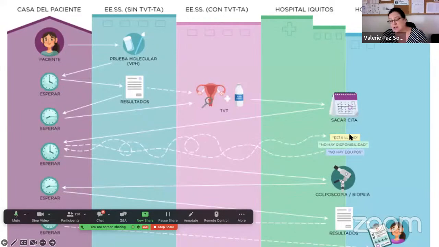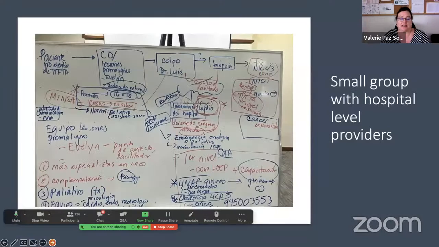Sometimes there are no appointments, there's no equipment, the equipment is malfunctioning, the hospital's full. So this process takes many attempts, and this became visible for us in this process. So we started our group model building workshop by showing what had started emerging.